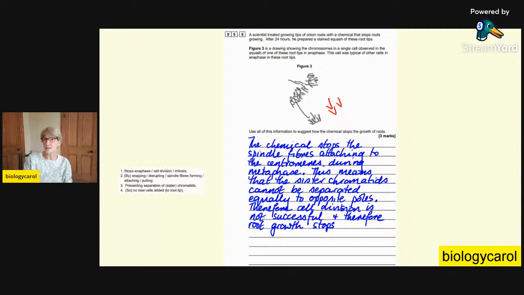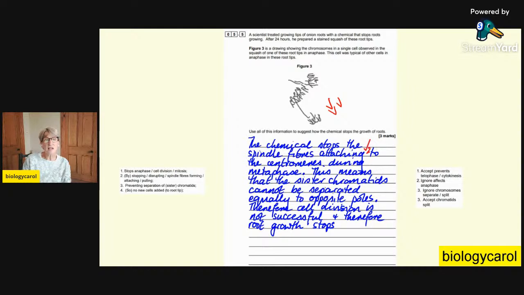Here is the mark scheme, and here are the additional notes. And therefore, this is where I got my marks. I didn't get mark point 1. I got mark point 2 because I jumped straight in and said that the spindle fibers wouldn't attach.